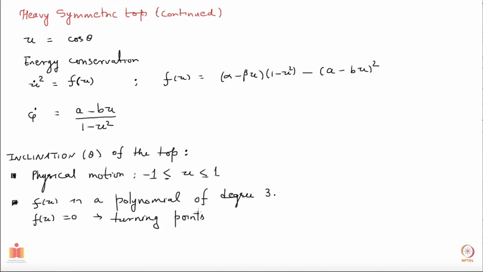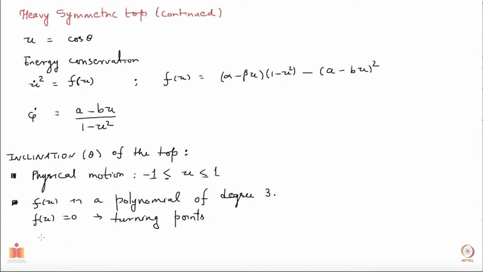Okay, there the turning points were in r, here the turning points are in theta, which basically tells you what will be the maximum theta and minimum theta which are allowed for this top. Okay, what is the minimum inclination it can make and what's the maximum inclination it can make.